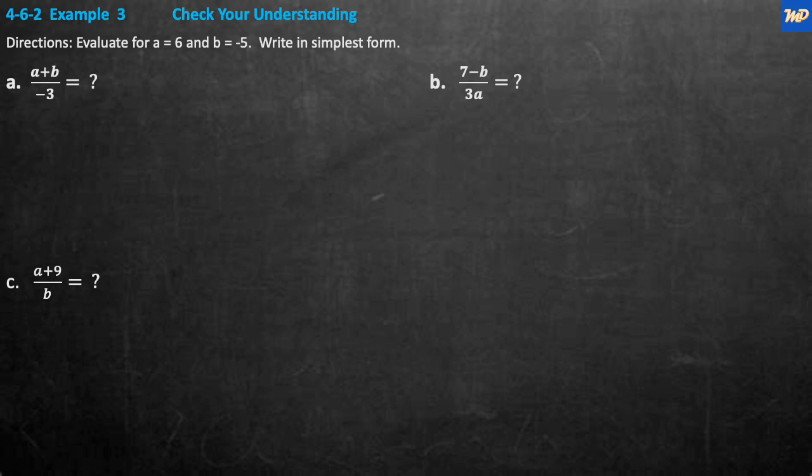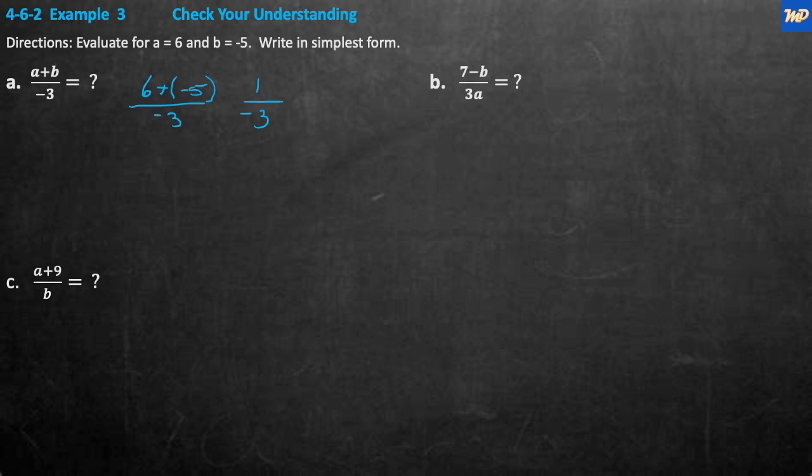A is equal to 6. 6 plus b is negative 5, so I'm going to say negative 5 over negative 3. So what is 6 plus a negative 5? 6 plus a negative 5 is 1 over negative 3. There's your answer, minus 1/3.